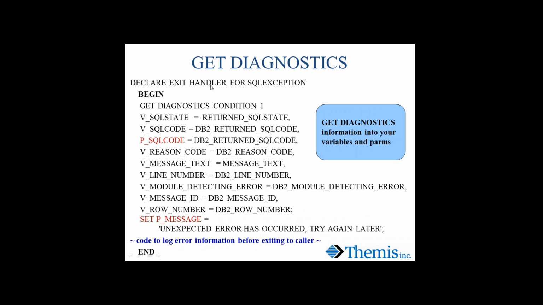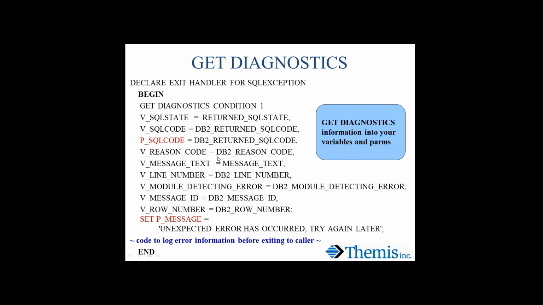The GET DIAGNOSTICS itself, you will declare here, a declare of an exit handler. And I'm doing the GET DIAGNOSTICS, getting from the diagnostic area, from my error condition, my return state, moving it into my variables, the variable SQLCODE, and also the PARM, moving the SQLCODE to the PARM because that gets sent back to the user, caller.